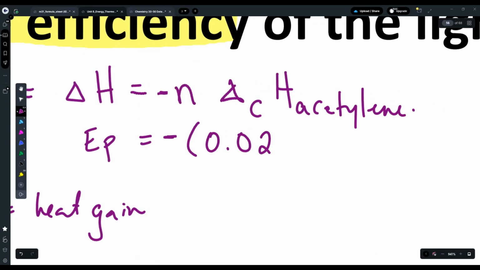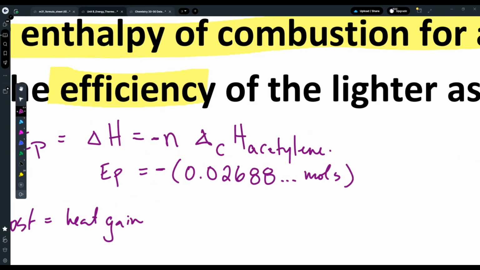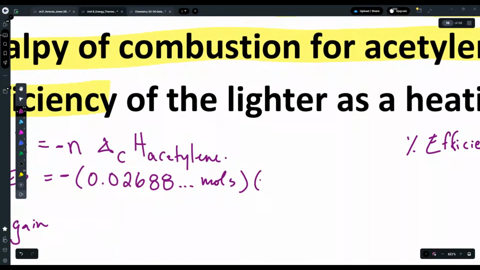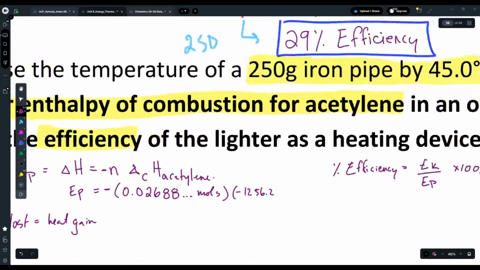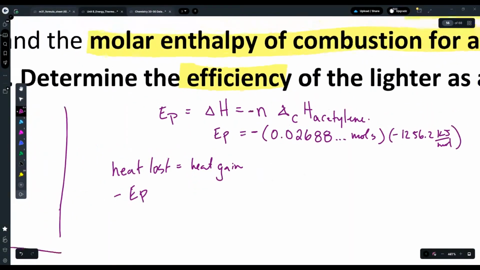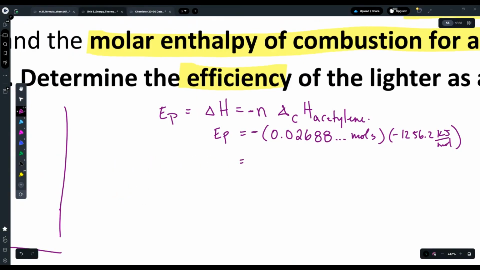So our moles, 0.02688, goes on forever. Molar enthalpy of combustion, that's negative 1256.2, and the units are kilojoules per mole.